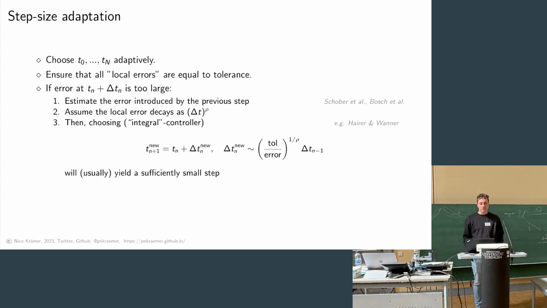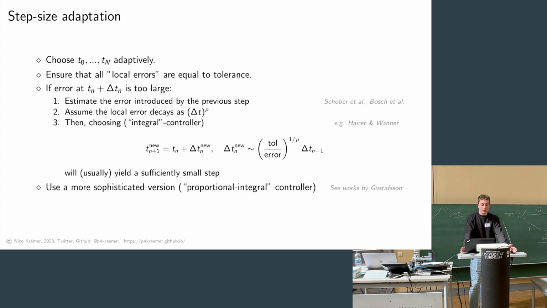And then by scaling our new time step with tolerance divided by error to some power involving this local convergence rate, we can kind of guarantee that the next step will be just sufficiently small to achieve our tolerance while still being large enough that we're not wasting computation. And this procedure, as scaling the old time step with this tolerance error ratio, is called an integral controller.